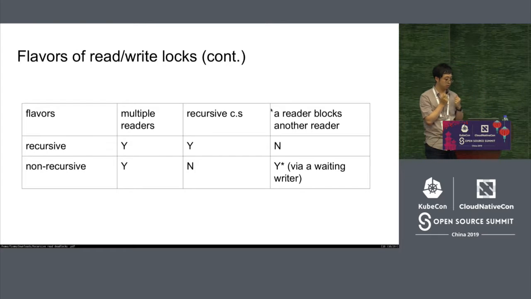So there's the difference. We can summarize in this graph that the recursive rwlock will have multiple readers, and they will allow recursive readers in the critical section, and one reader will not block other readers. For non-recursive rwlock, they also allow multiple readers, but they will not allow recursive critical sections.